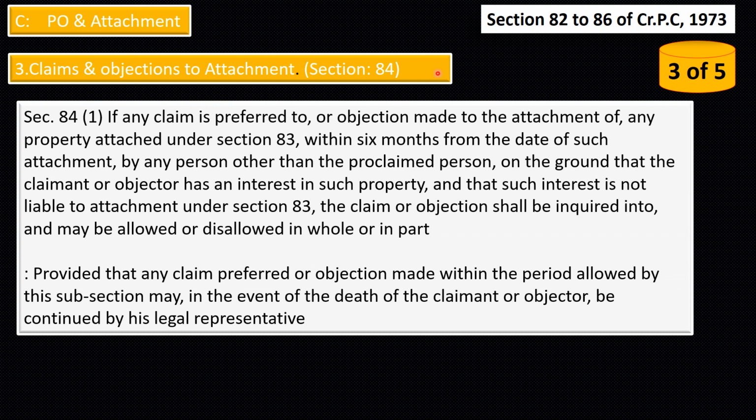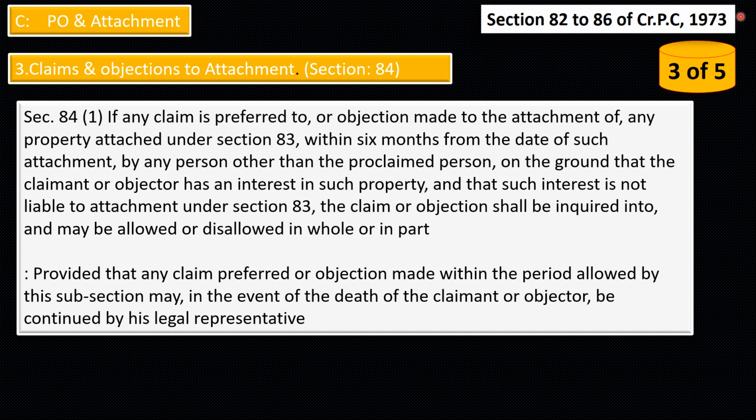Subsection 1 of section 84 says if any claim is preferred or objection made to the attachment of any property attached under section 83 within 6 months from the date of such attachment, by any person other than the proclaimed person, on the grounds that the claimant or objector has an interest in such property and that such interest is not liable to be attached under section 83, the claim or objection shall be inquired into and may be allowed or disallowed in whole or in part by the court, provided that any claim preferred or objection made within the period allowed by this subsection may, in the event of the death of the claimant or objector, be continued by his legal representative.